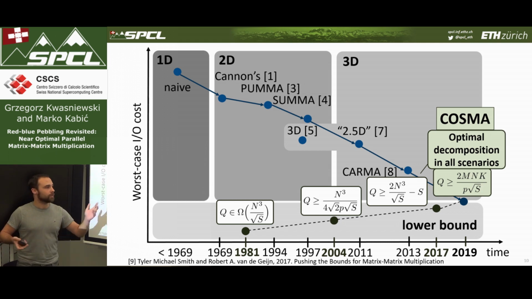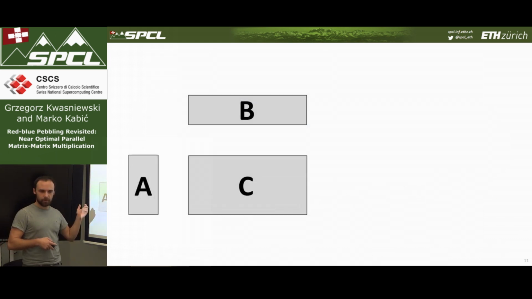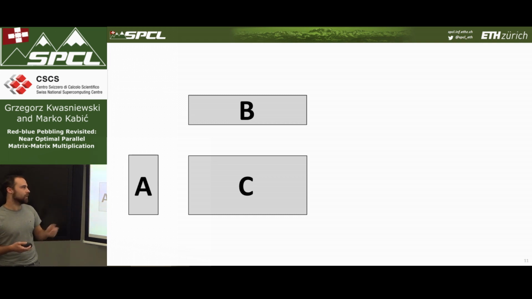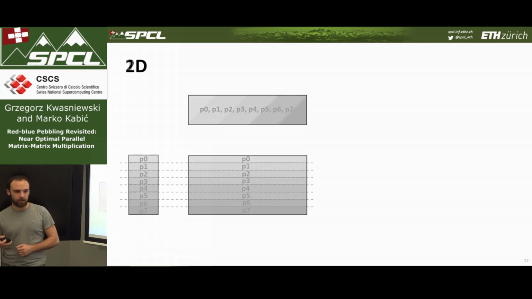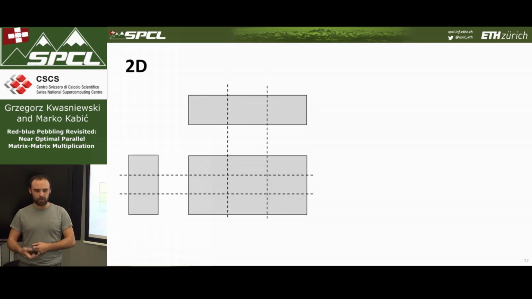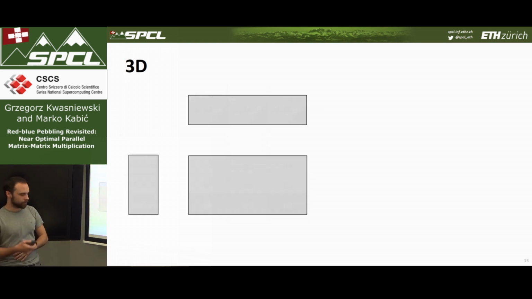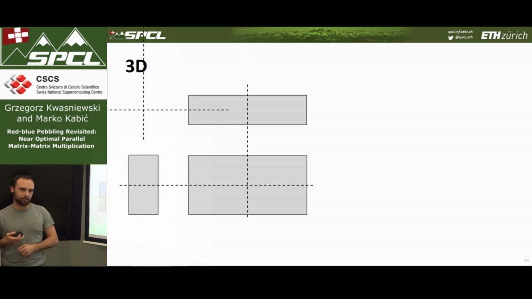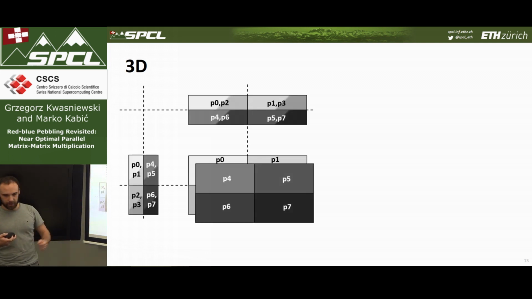So, what is the difference between COSMA and other decomposition algorithms? Well, the high-level picture is that if we multiply two matrices, A and B, to get C, then 1D decomposition would parallelize, for example, just by rows, then 2D decomposition would parallelize both rows and columns to get this rectangular grid, and 3D decomposition would parallelize rows, columns, and also this reduction dimension, introducing communication between the ranks in the reduction.